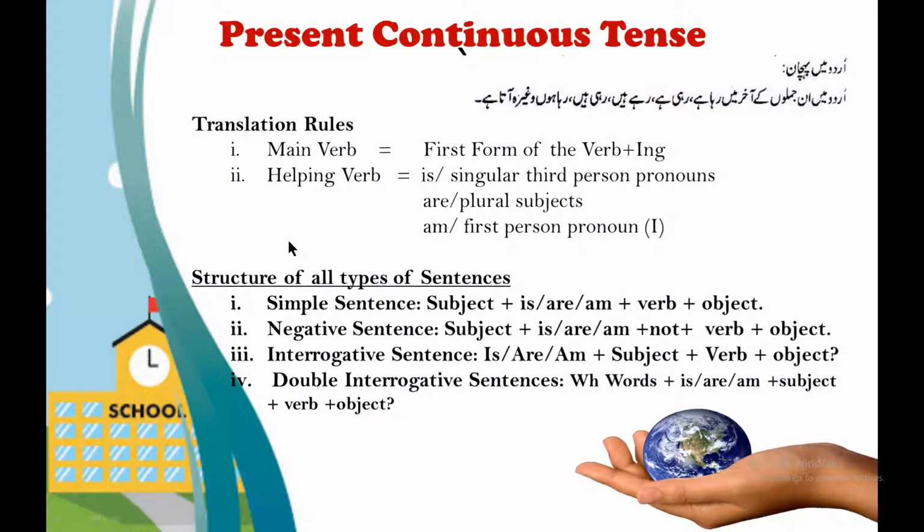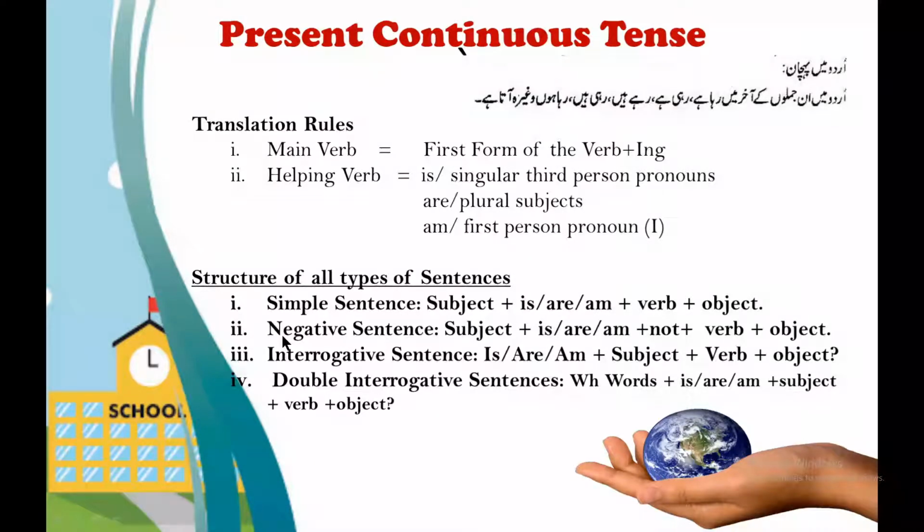My dear students, if we talk about the structures of all types of sentences in present continuous tense, these are the structures. In a simple sentence, what we usually do is put subject, then is or am, then verb, and then object, and then the full stop. This is the structure of a simple sentence of present continuous tense.